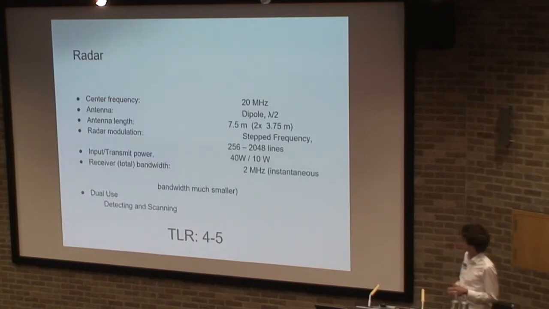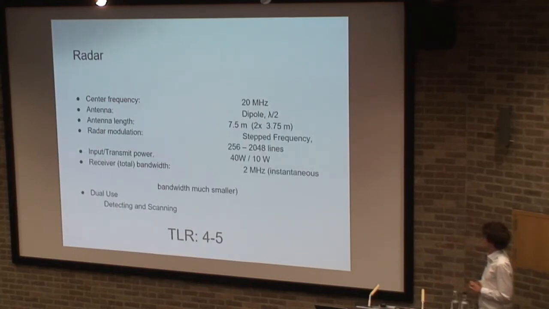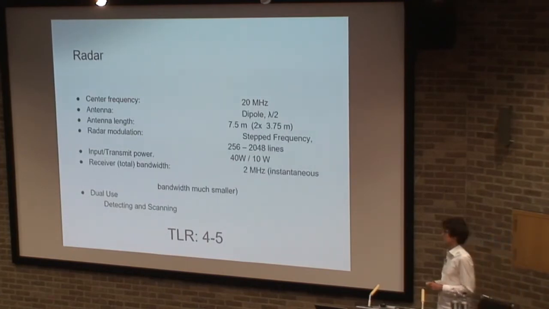This frequency allows us more or less to penetrate through a 200-meter asteroid, which is sufficient because it allows us to completely scan an asteroid of rubble pile size. 20 megahertz makes it necessary to have a 7.5 meter antenna, which is huge but not possible for a 6-unit CubeSat.